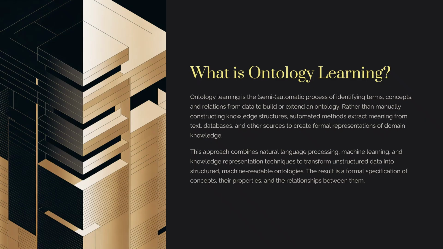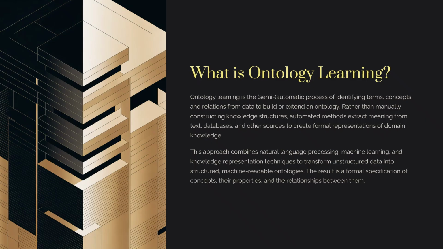Ontology learning combines several important areas of artificial intelligence. One of them is NLP, which is natural language processing. This allows computers to analyze and understand human language. Another one is machine learning, which helps systems identify patterns and relationships. It also uses knowledge representation, which provides formal methods for organizing and structuring the extracted knowledge.